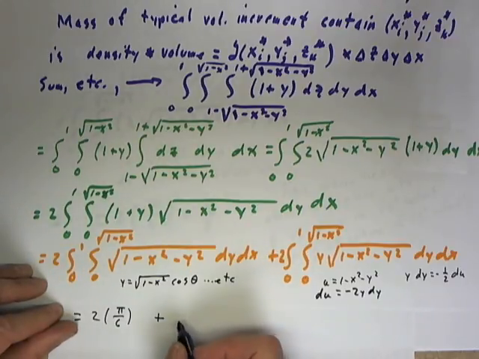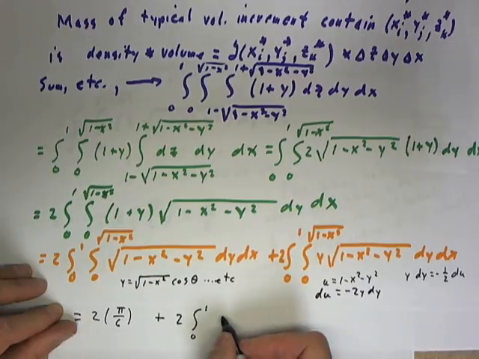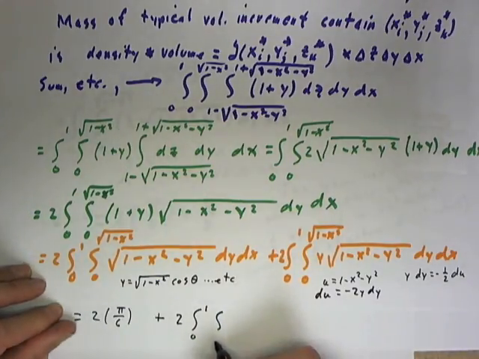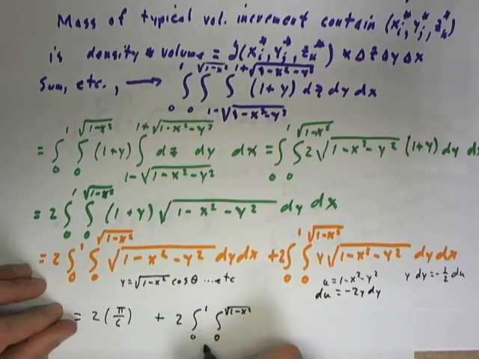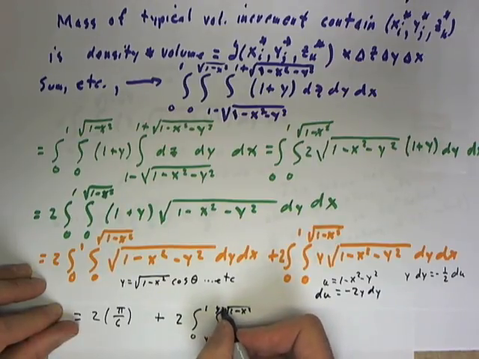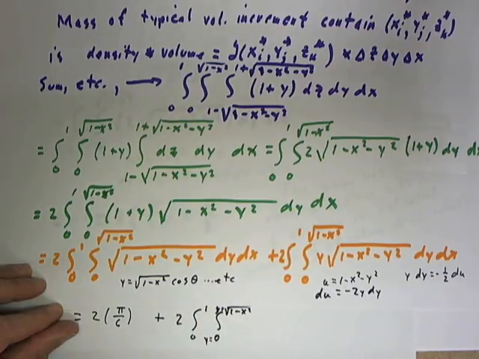We have then 2 times the integral from 0 to 1 times the integral from 0 to the square root of 1 minus x squared, and these are limits on y, so I'm going to say y equals 0, y equals square root of 1 minus x squared, because we're going to do the u substitution.